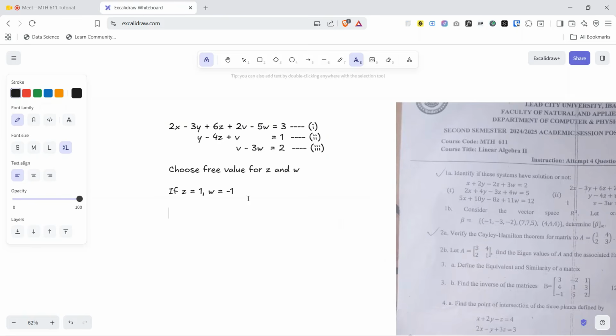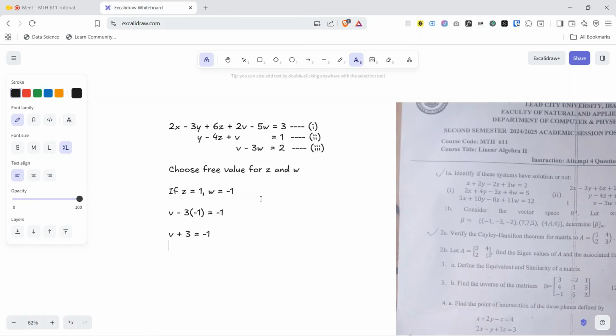Since W equals to minus 1, equation 3 would be V minus 3 into minus 1 equals to minus 1. And that will give us V plus 3 equals to minus 1.